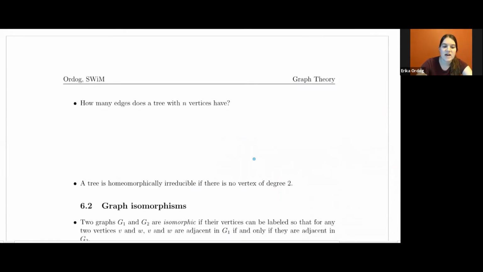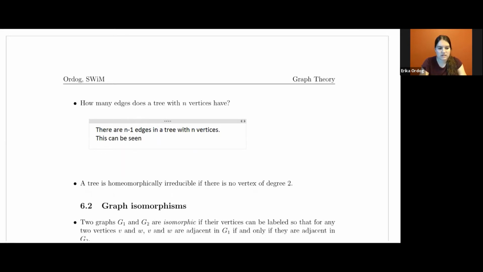So that means we have n minus 1 edges. So there are n minus 1 edges in a tree with n vertices. This can be seen by looking at the rooted tree, which has one edge directly above each vertex, except for the root.